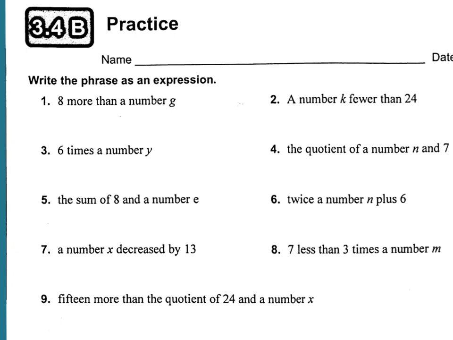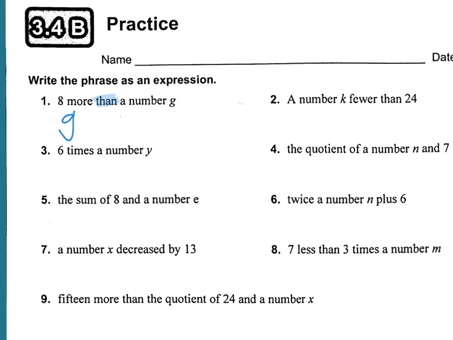Again, we're revisiting how to write an expression, changing these words into numerical expressions. So 8 more than number G. Okay, well, you know what? I see a then. What does then mean for us? Well, remember, we flip things.